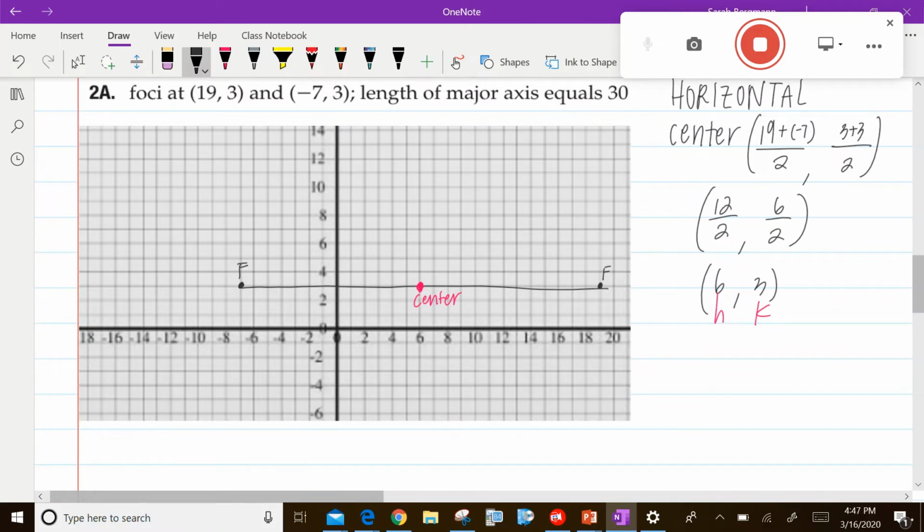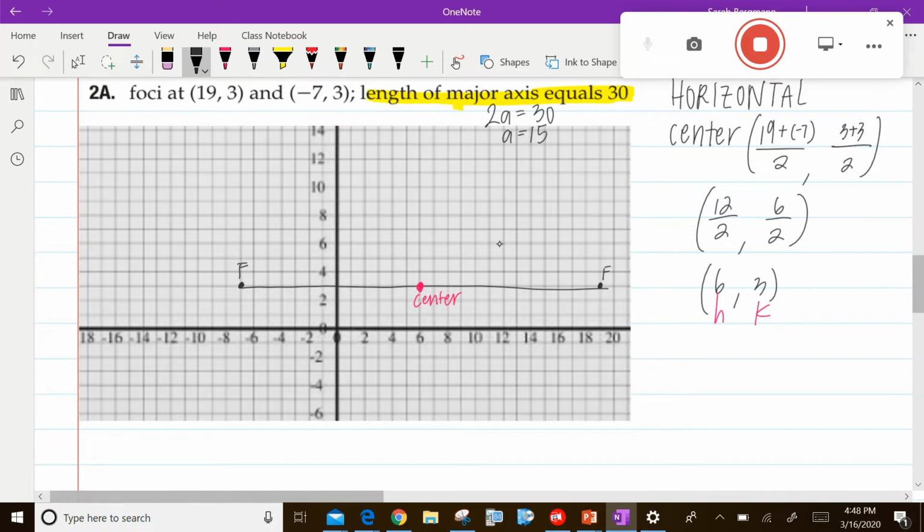All right, I haven't used the information that the length of the major axis is equal to 30 yet. Basically, this is telling us that 2a is equal to 30. Remember, we said the length of the major axis is equal to 2a. So that leaves us with a equals 15.